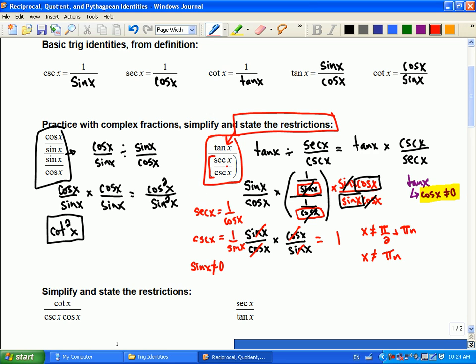This whole thing is one fraction, that cannot equal 0. So if I don't want this fraction to equal 0, the secant of x can't equal 0. Or, boom, I have another problem where it would not be defined. Okay, so secant x, where does that equal 0?